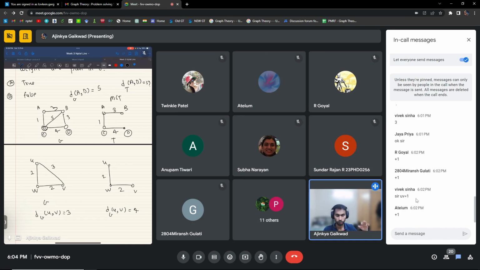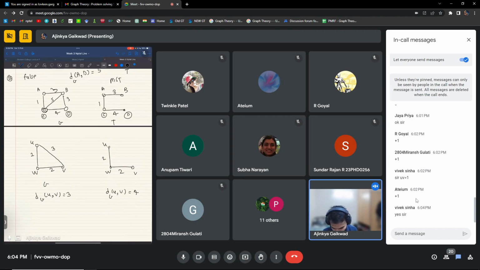In weighted graphs, the distance between two vertices is not the path with minimum edges. The path with least weight is the shortest path between two vertices. So the distance between U and V in the original graph G is 3, not 1.